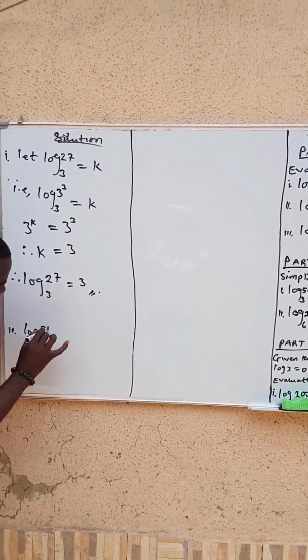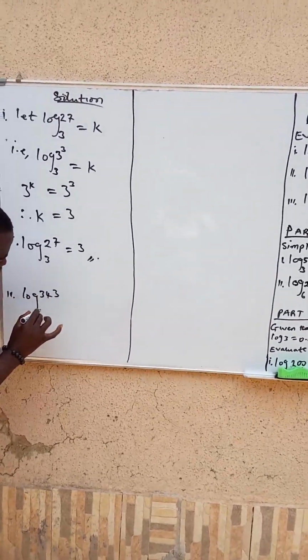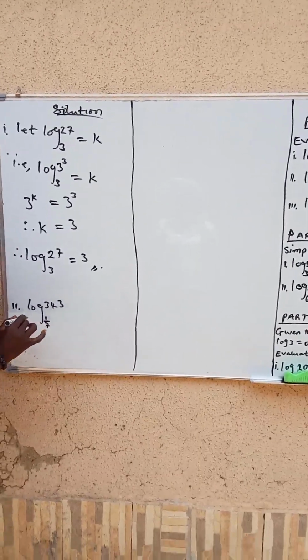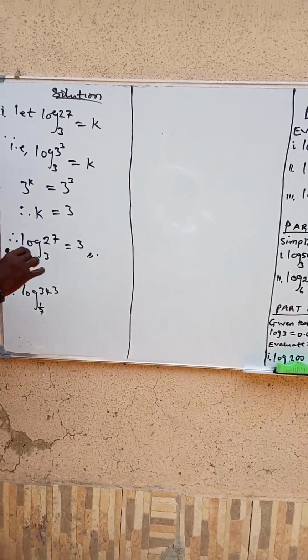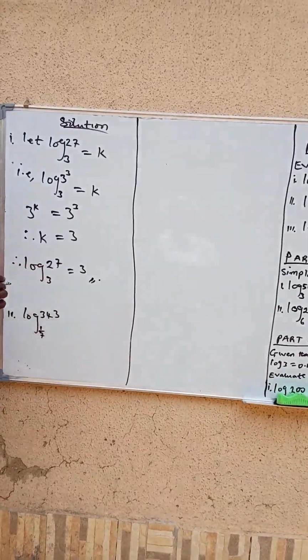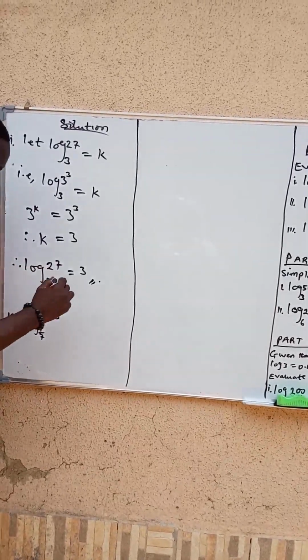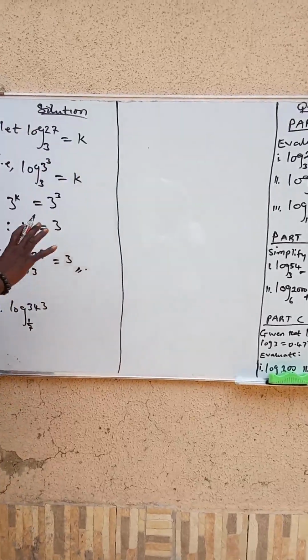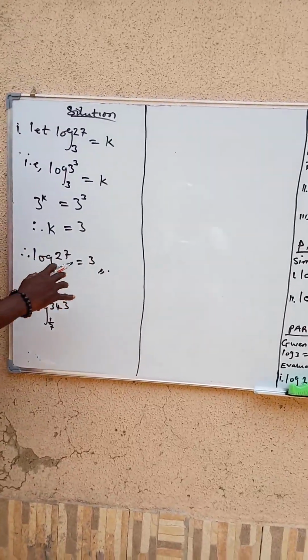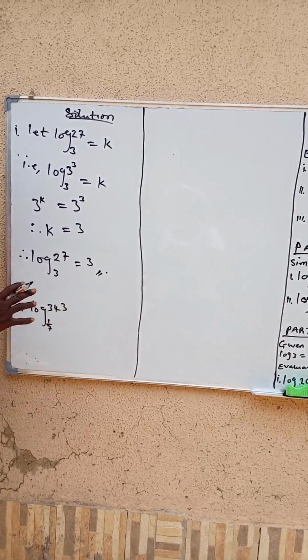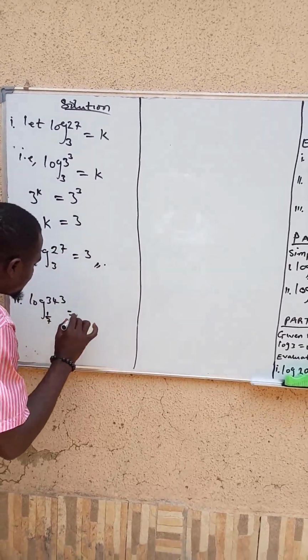Log 343 to base 1 over 7. So if you have this, for you to solve it effectively, you can continue like this, or you can declare this has to evaluate. So I can let it be something, or I can continue. I can say that this is equal to what?